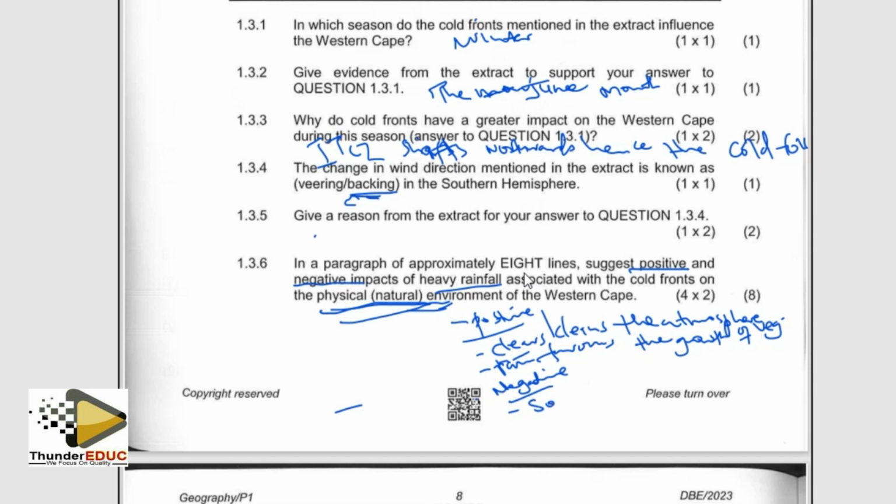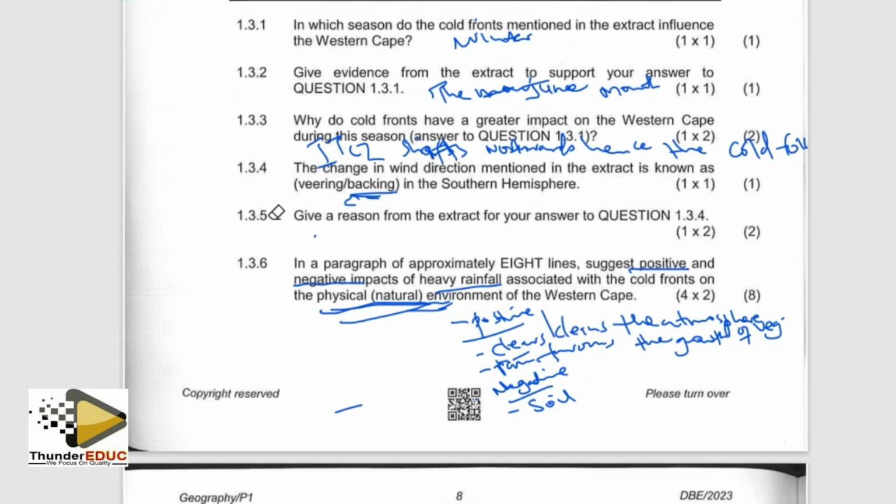we shall have soil erosion. Heavy rains contribute to soil erosion, which is a negative effect.